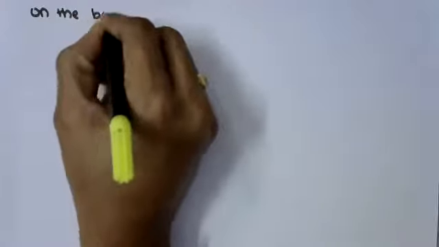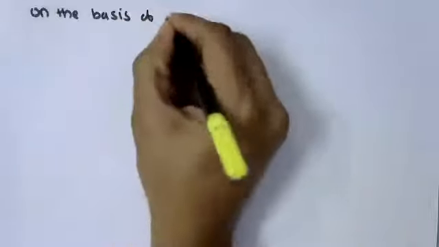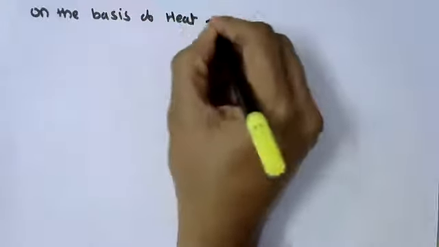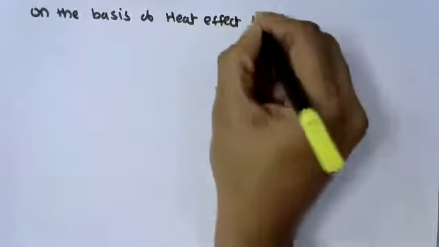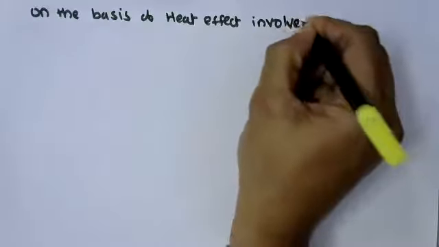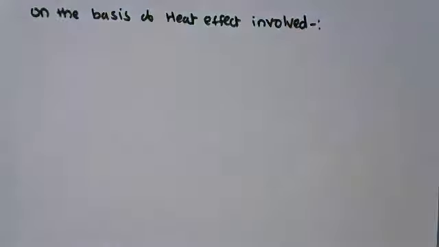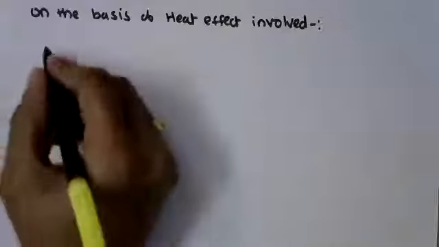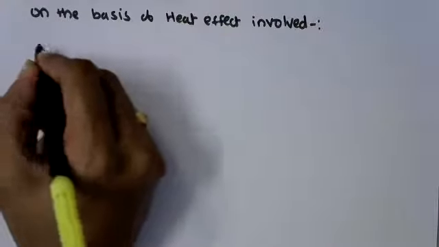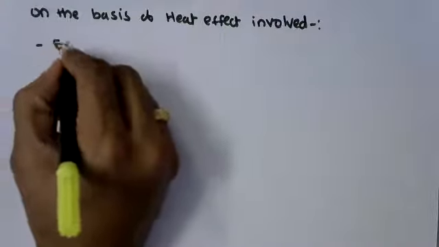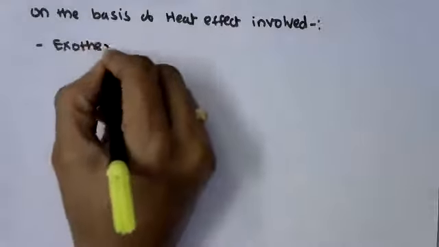Now, the next criterion of classifying the reaction is on the basis of heat effect involved. Reactions may be exothermic or endothermic. So the reaction may be on the basis of heat effects involved.